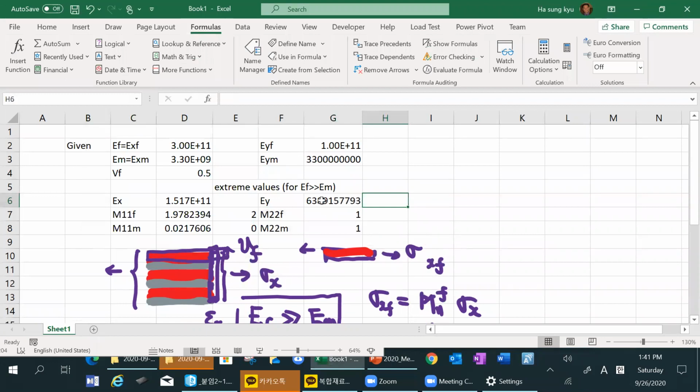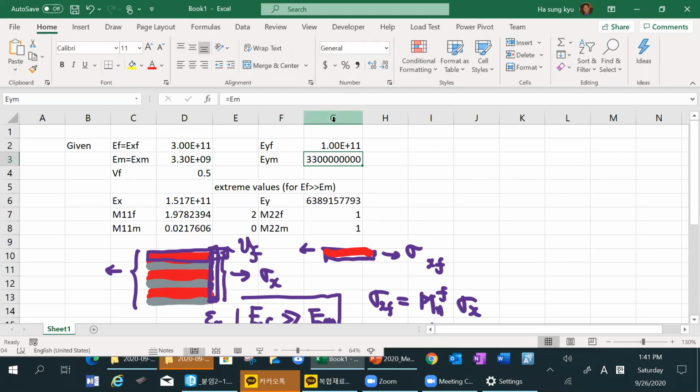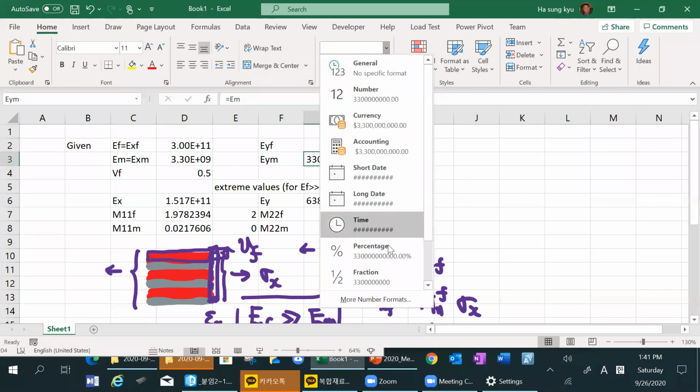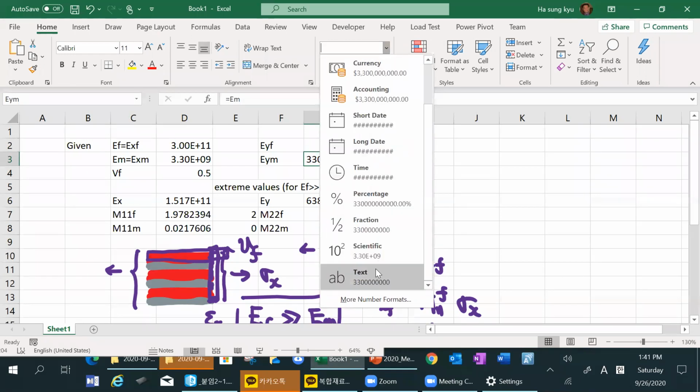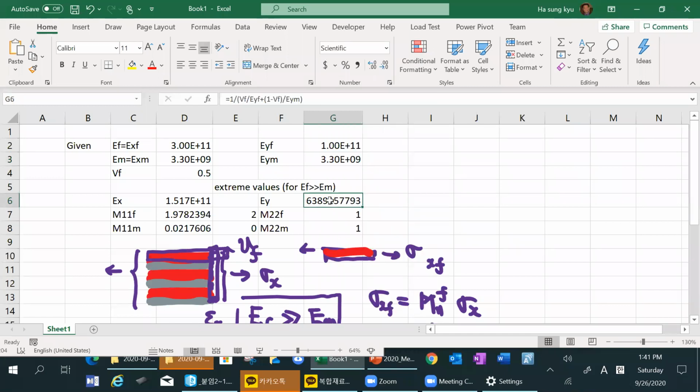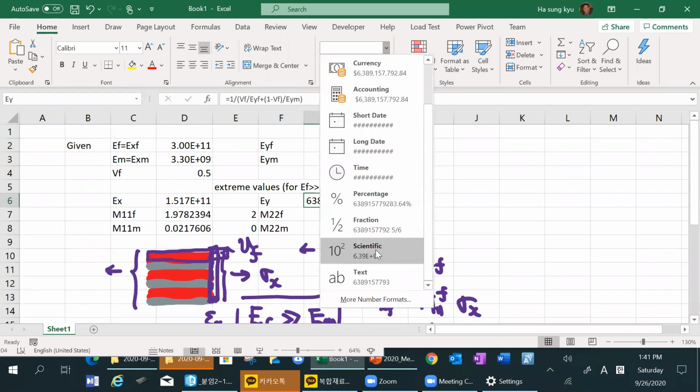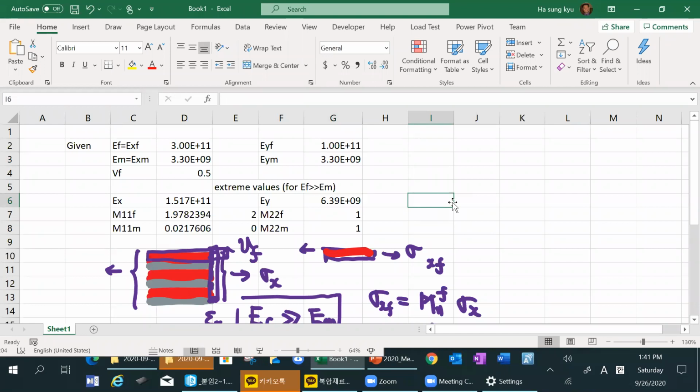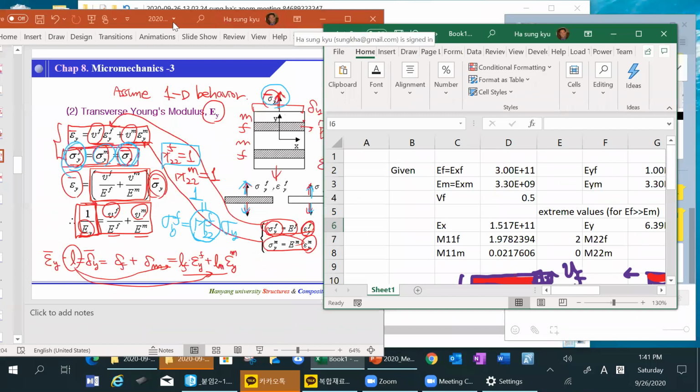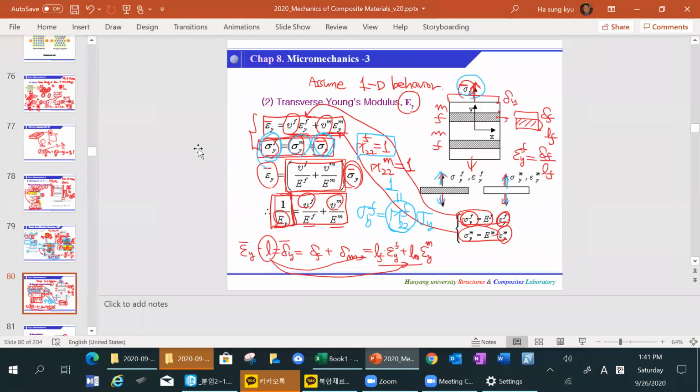Okay, so this is what we derived from these two slides.